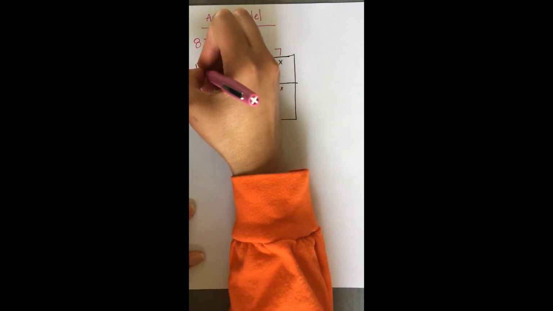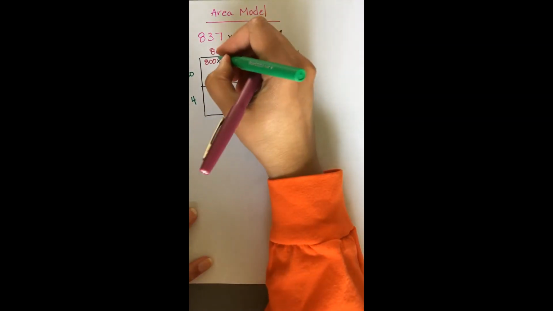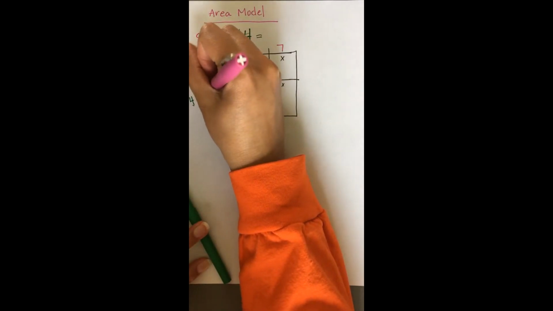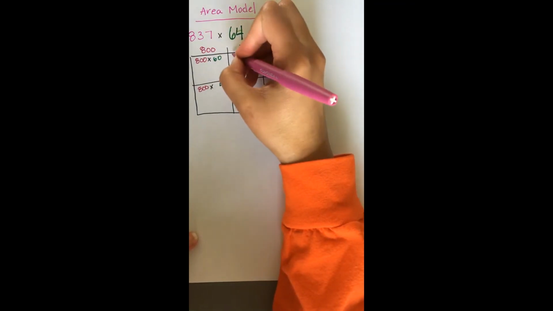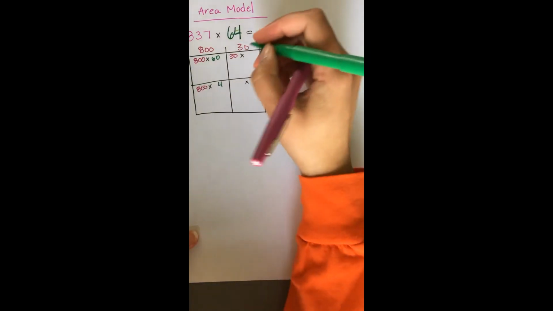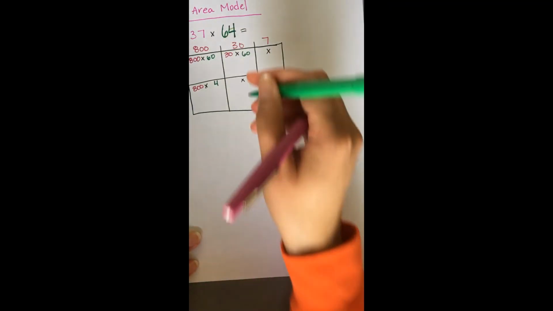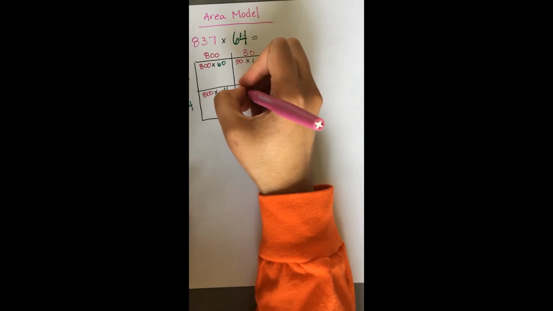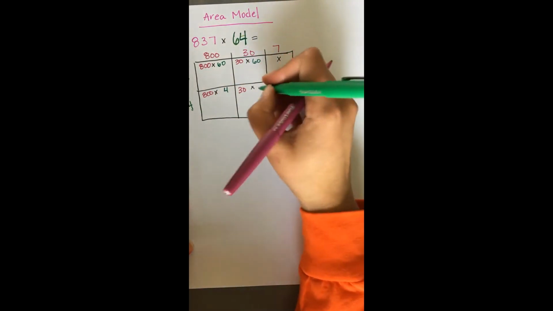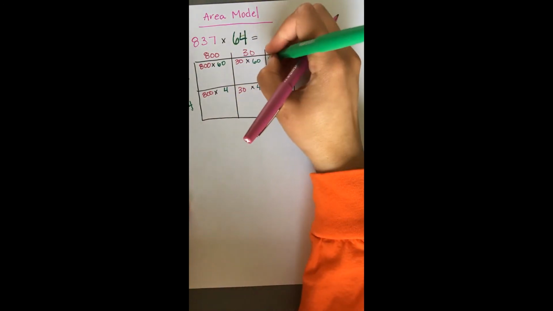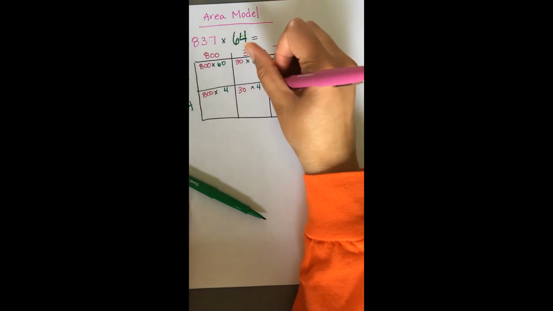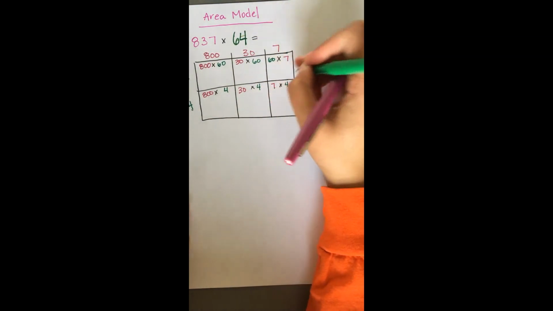So we're going to write 800 times 60, 800 times 4, 30 times 60, 30 times 4, 60 times 7, and 7 times 4.